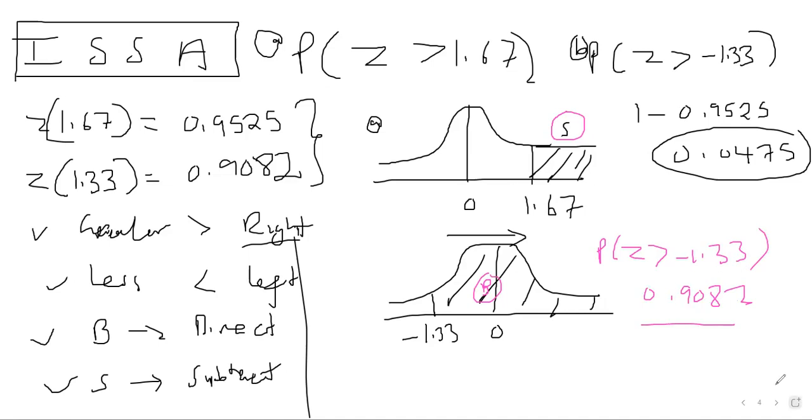Okay, now suppose we're given intervals between the same sides, whether they're positives or they're negatives. For instance, I ask you to find Z between, which number is smaller? 1.33 is smaller than 1.67.